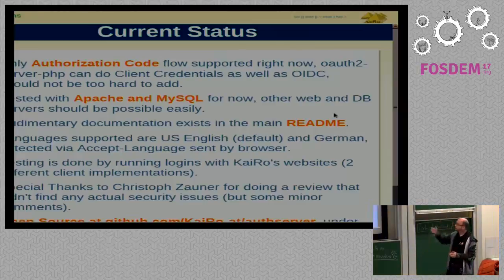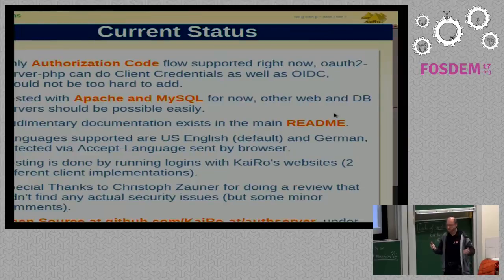I only tested with Apache and MySQL, or actually MariaDB for now. It should be easy to extend that for other web servers and databases as long as they're supported by the Doctrine abstraction layer and you can run PHP on them.